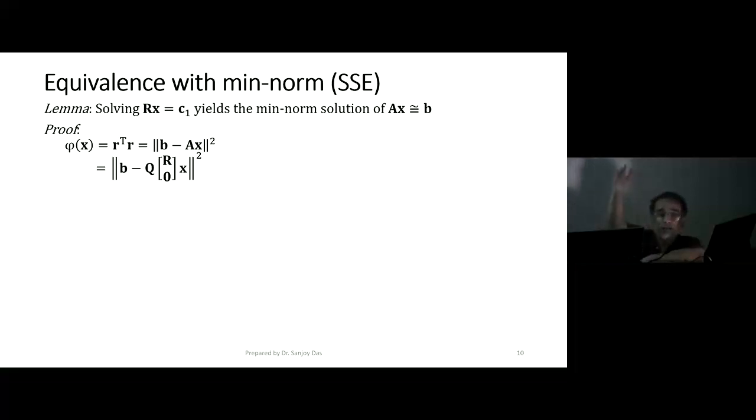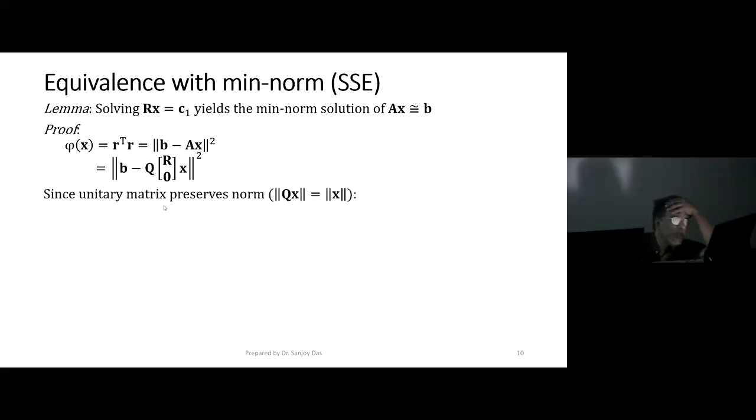Okay, we know that full QR and reduced QR give us identical solutions. Let's look at the full QR decomposition: the norm squared of Q times R, 0, x. Okay, and why we are looking at this full QR decomposition is because I'm going to invoke one property of unitary matrices. I want this Q to be unitary.